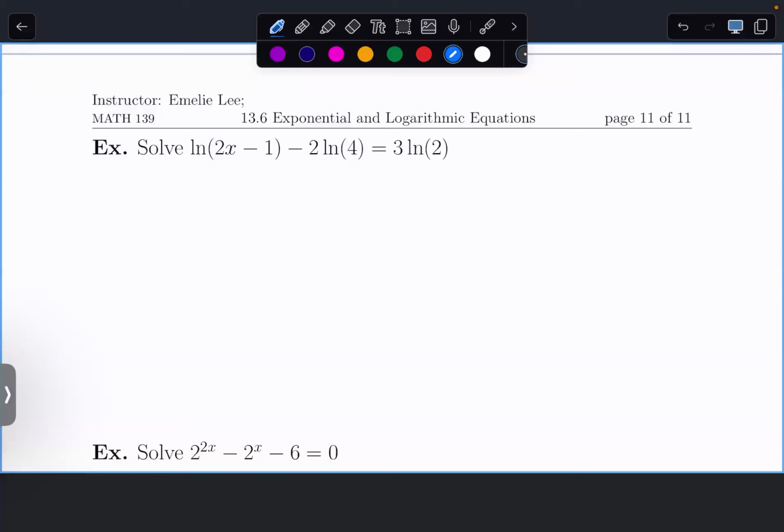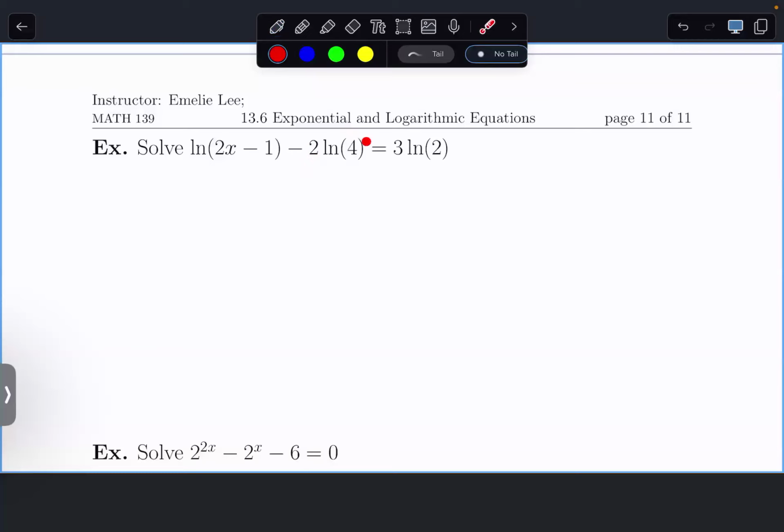Let's see what we can do here. First thing that I'm going to do is try to zip up my logs, and kind of consolidate all my logs. Step number 1 is to eliminate these coefficients.